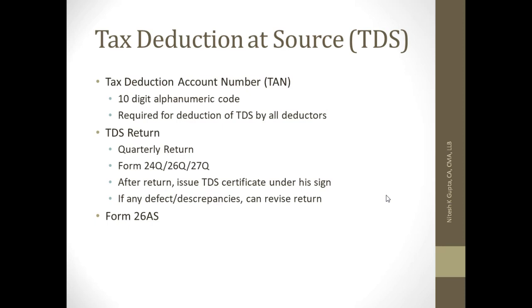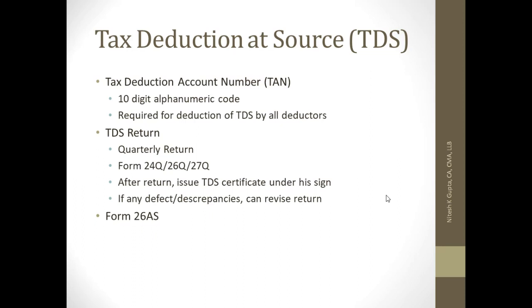Now, whatever I'm filing in my TDS return will be shown to the deductee. So what is that form that he can check? The form is known as 26AS.